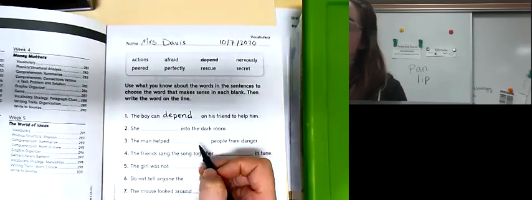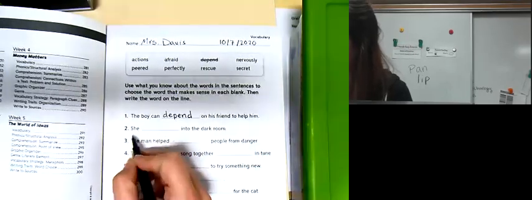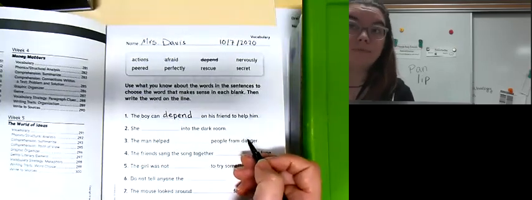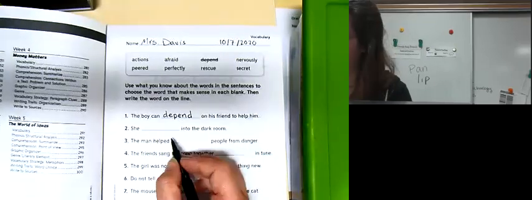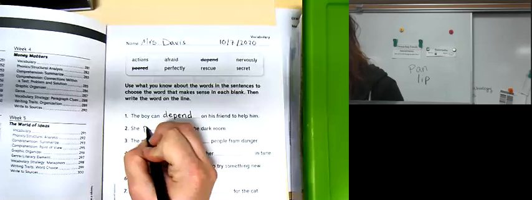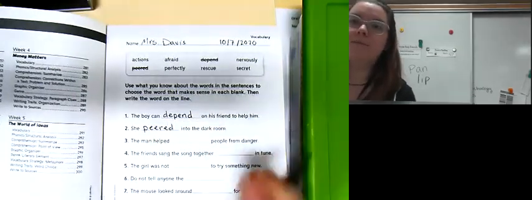No, that also doesn't sound quite right when we say it out loud, does it? Let's do this one. Peered. She peered into the dark room. Yeah, that one does, because it would mean she's looking into the dark room. So we would cross off peered.